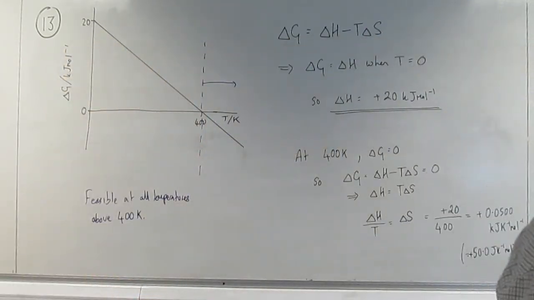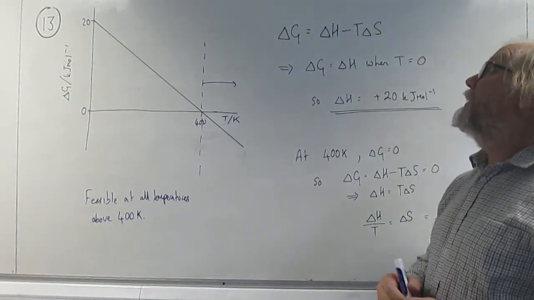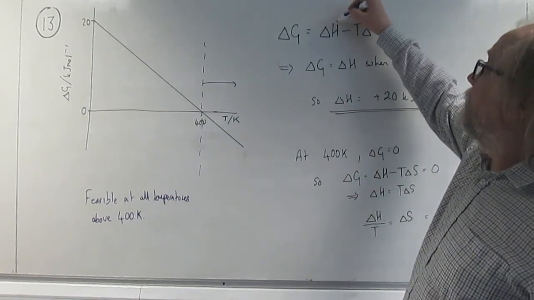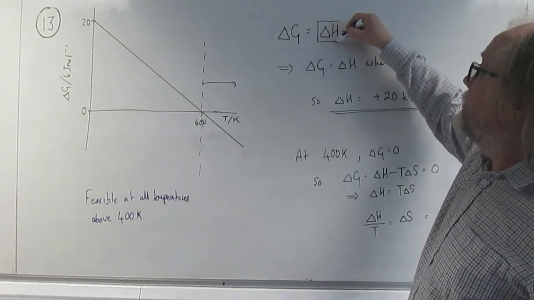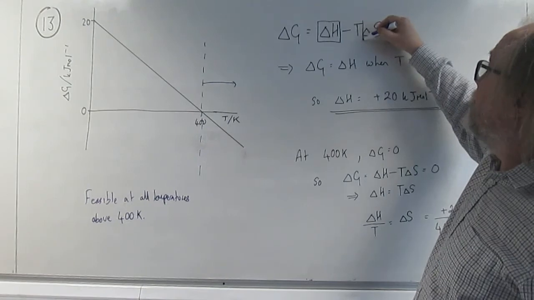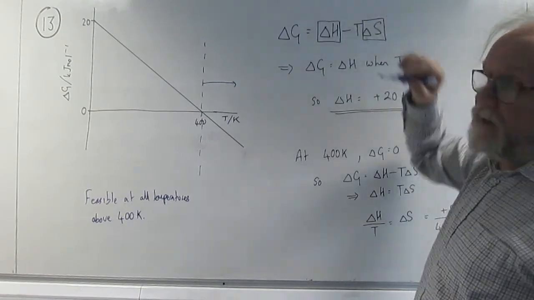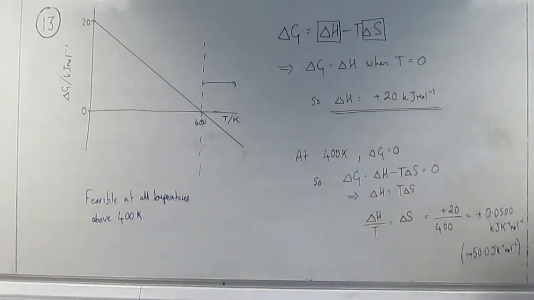And finally we get this observation that we've been using these very simple looking graphs where you get these straight lines, but often they're actually curved. And you can see the reason for this is that this straight line comes from us in effect assuming that delta H and delta S are both independent of the temperature.